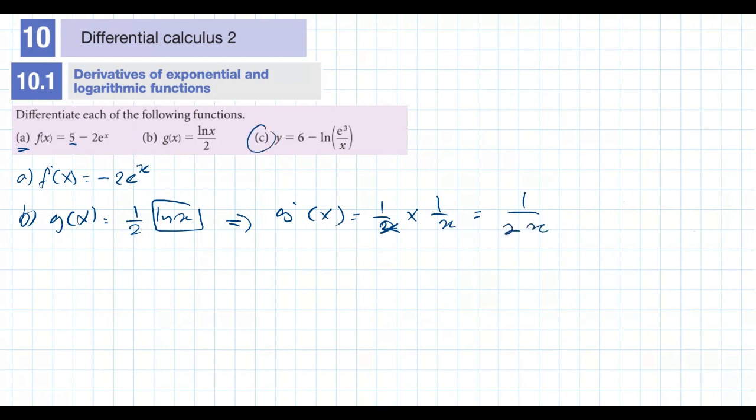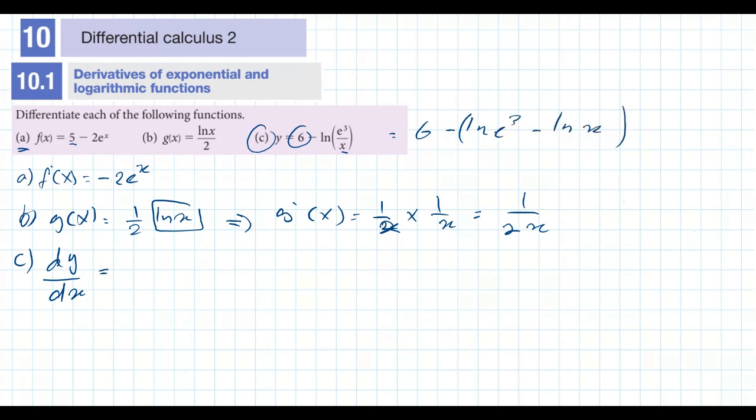The third question, which is c, we have y. Then you need to differentiate with respect to x, because it's the variable here. Then dy over dx equals: the derivative of 6 becomes 0, and here we have negative ln e power 3 over x. Here we can use a specific rule and adjust this equation to become 6 minus ln e power 3 minus ln x.